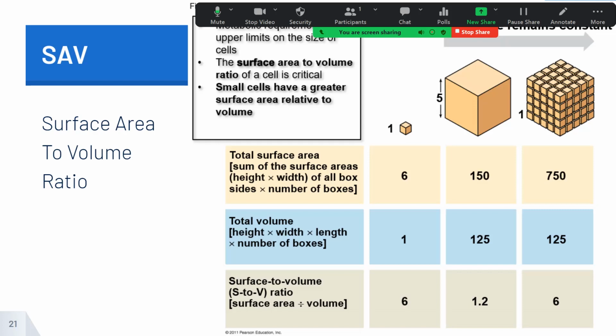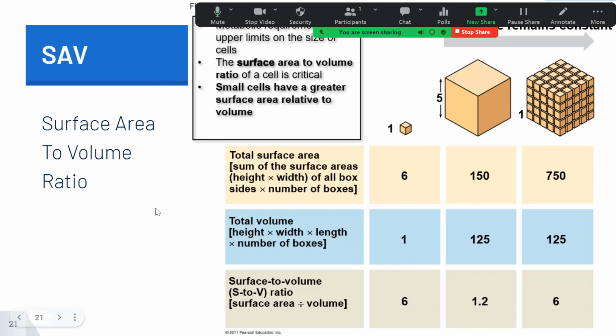It's going to take a lot longer for you to pass them a note if you have to walk all the way across the gym to get to that person. So a larger area is going to take a lot longer to get that note in across that membrane.